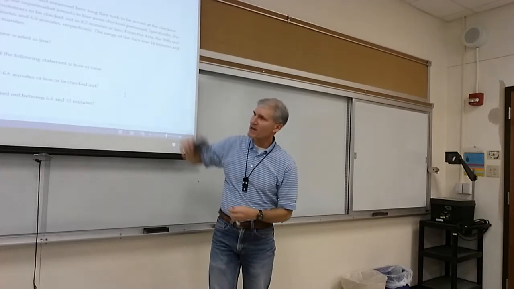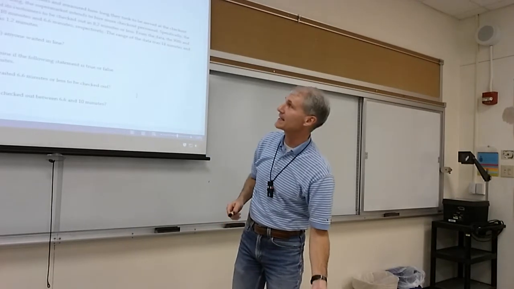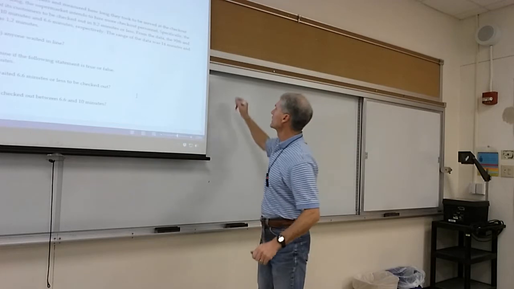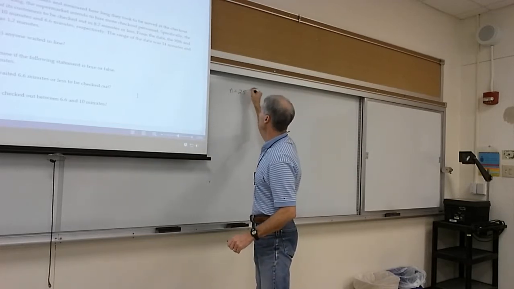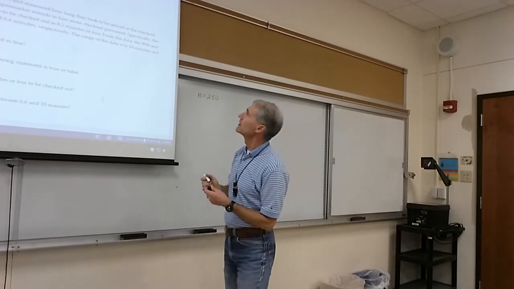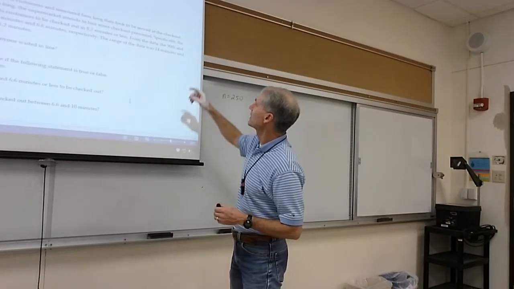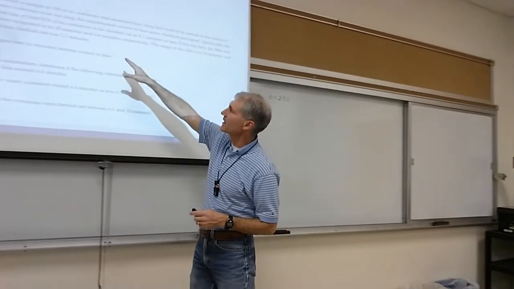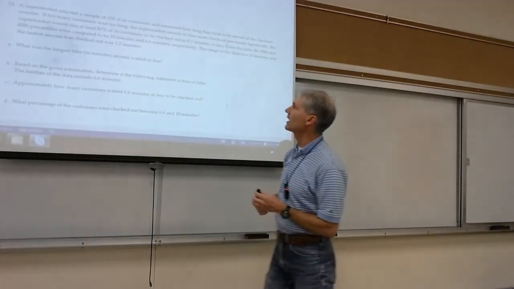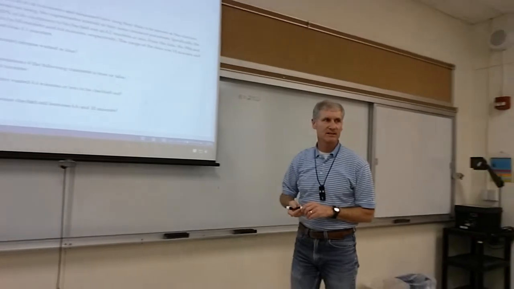But then just go back to the beginning and start writing down what they give you. Right? They selected a sample of 250. N equals 250. I don't know that I'll need that number, but I might. Then specifically, they would like at least 82% to be checked out in 8.2 minutes or less.